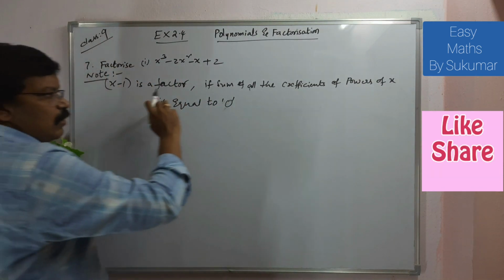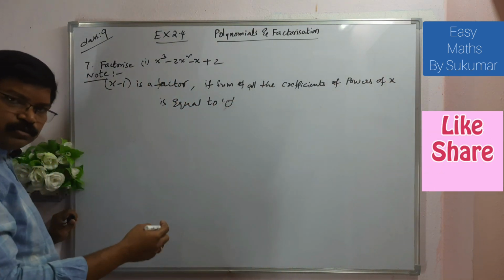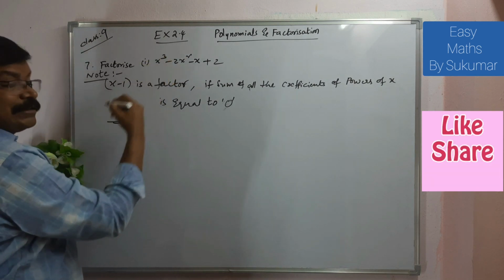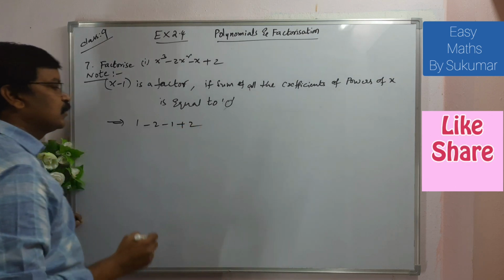Okay, if the sum of all the coefficients of powers of x is equal to 0, then x minus 1 is a factor. That means here take the coefficients here: 1, minus 2, minus 1, plus 2.